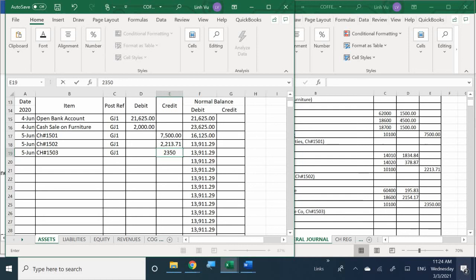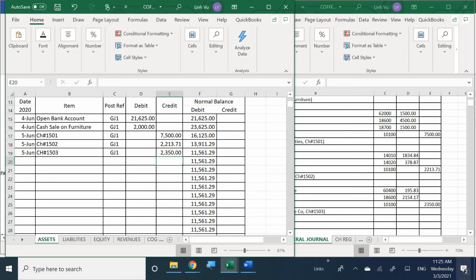I spent money because I had to pay for insurance. So in this case, I'm decreasing my checking account, and my grand total in my bank account should reflect as $11,561.29. Okay.